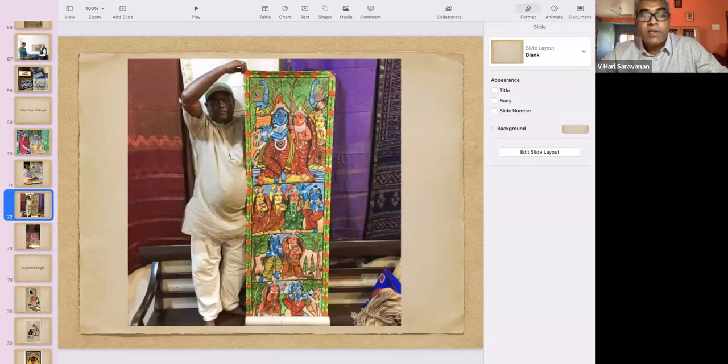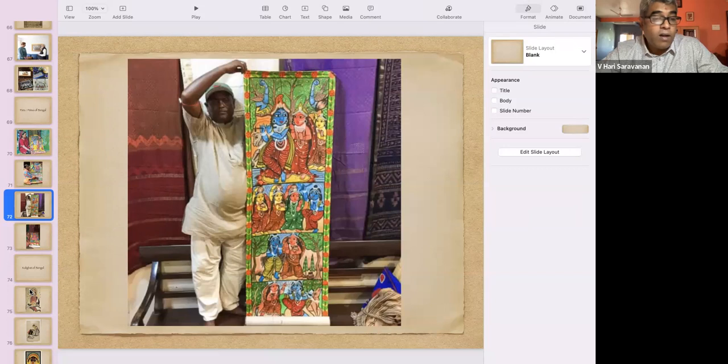During festival seasons, the women travel to the patron's home and narrate this. For that, they will be given food grains and other material for their survival for the year. And in the long run, they were also given land grants to do their own farming.